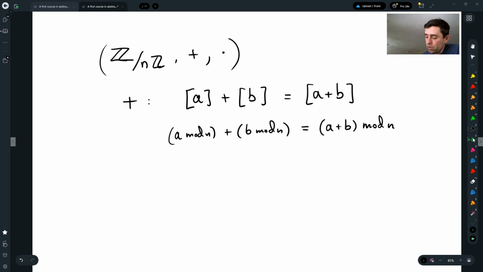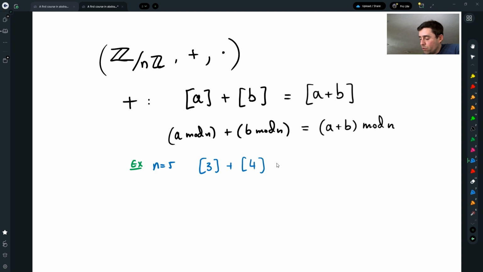So for example, when n was 5, I can do, for instance, the class of 3. Let me write it first with the brackets. The class of 3 plus the class of 4 is going to be the class of 7. But the class of 7, if I reduce modulo 5, 7 minus 5 is 2, is exactly the class of 2.